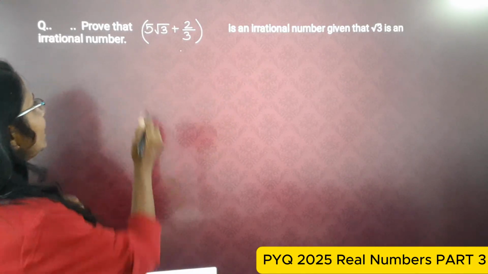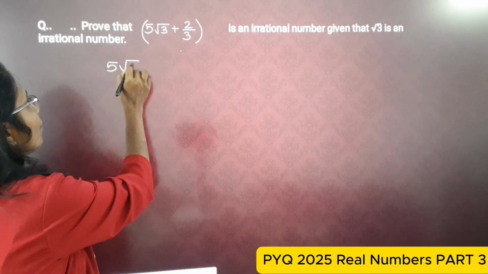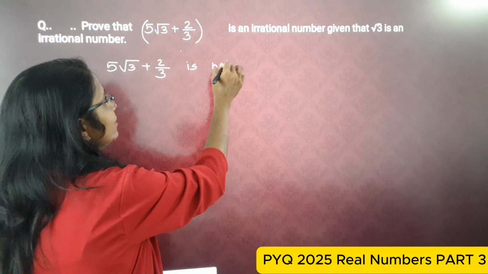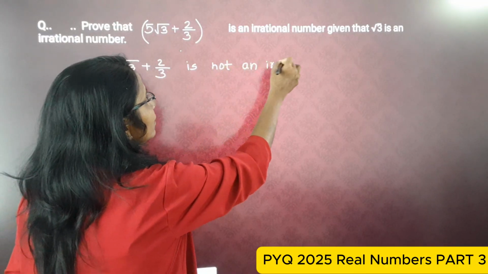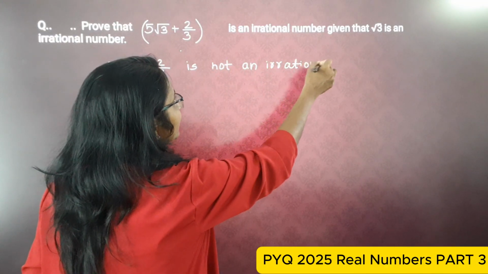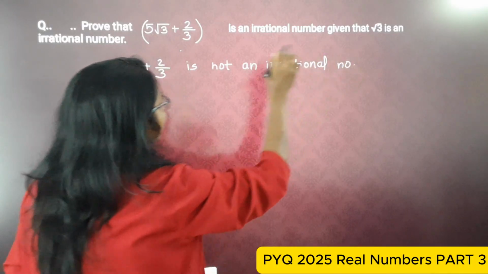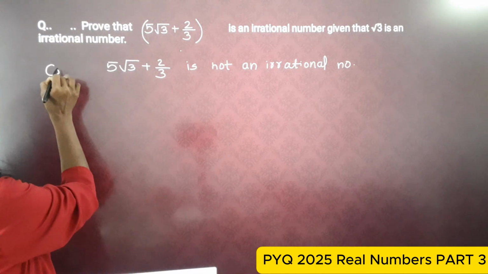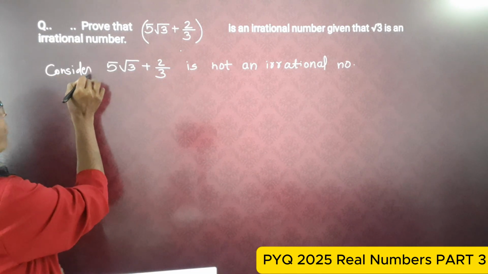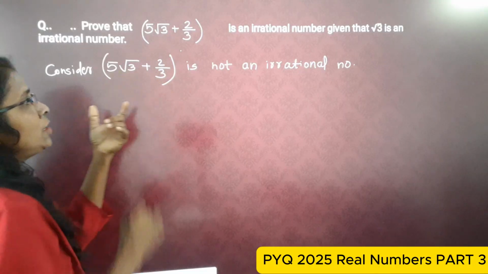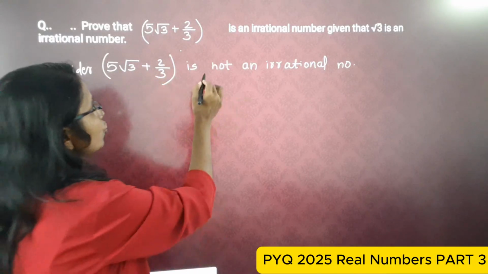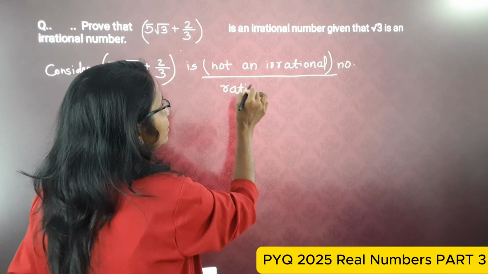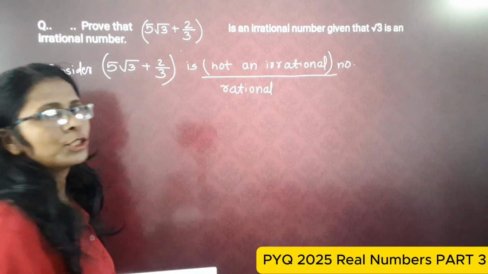So let us assume that 5 root 3 plus 2 upon 3 is not an irrational number. That means it is a rational number.